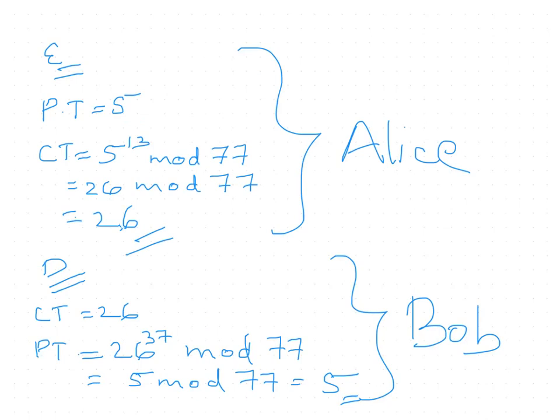Now you must have understood everything from RSA, but there might be a slight doubt on how we calculated 5 to the power 13 mod 77 as 26, or how we calculated 26 to the power 37 mod 77 as 5 mod 77. So next I'll be explaining a simple maths technique where we use this calculation in the encryption and decryption process.